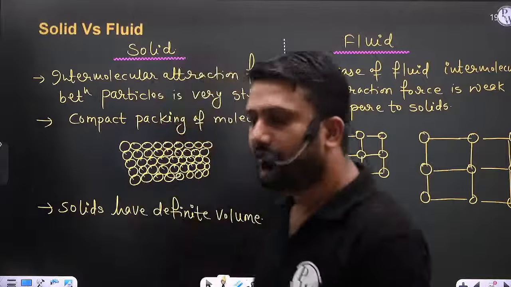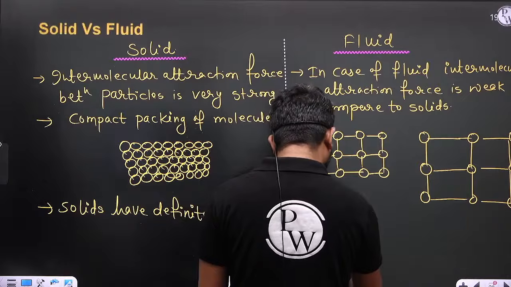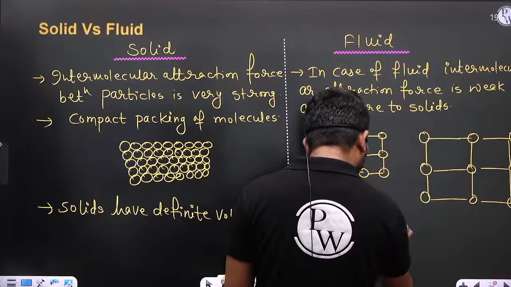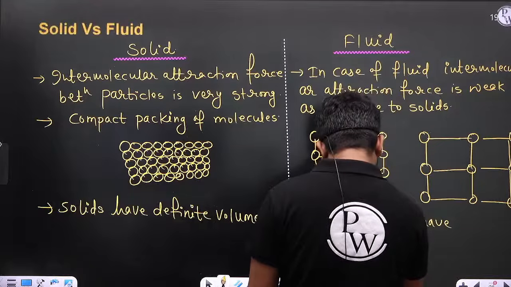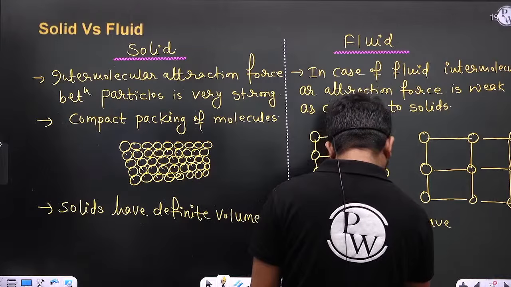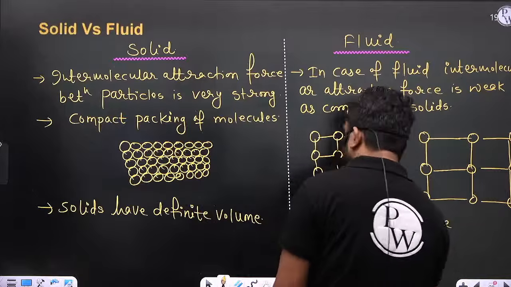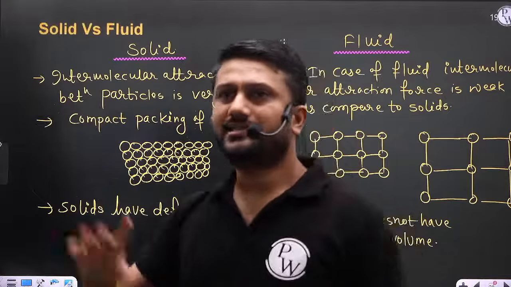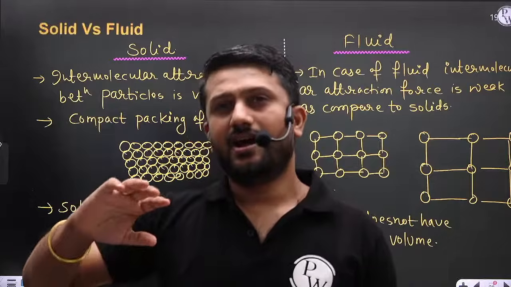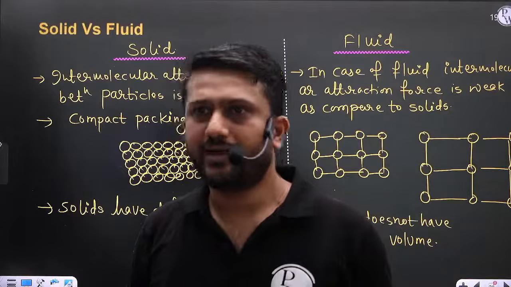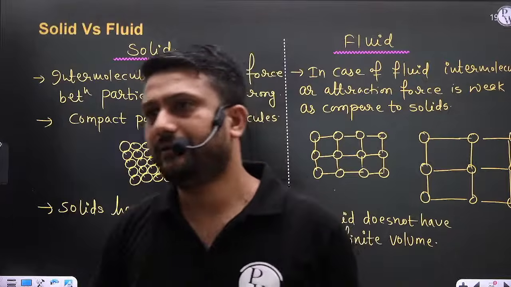But if I'm talking about the fluid, it does not have definite volume. So this difference we know already, right? If I ask a 7th, 8th standard student, he also knows this difference between the solid and fluid.